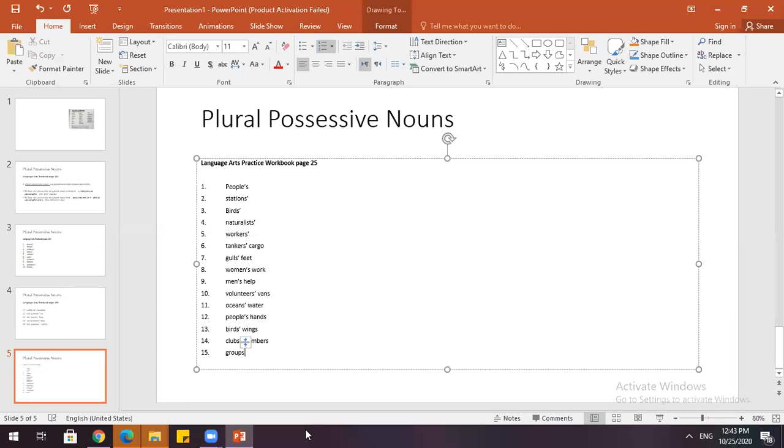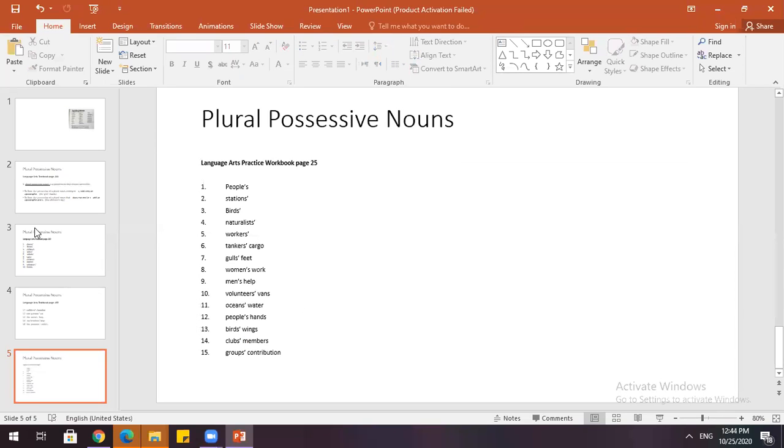So we add apostrophe S to it, or what do we add? Group's contribution is correct. But what do we add to groups? Do we add apostrophe or apostrophe S? Only apostrophe, because it ends in S. Okay. So groups' contribution.